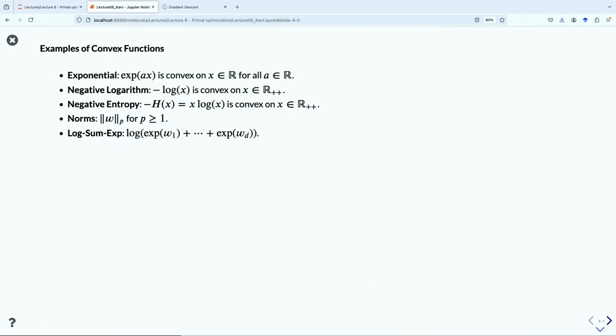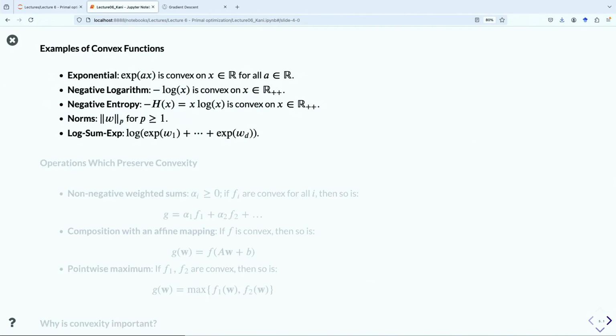Examples of non-convex functions, besides positive logarithm. Yeah, please, Patrick. Yeah, sine, cosine. Periodic functions are never convex.